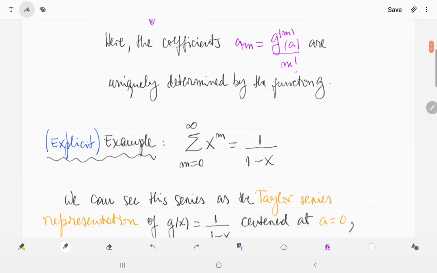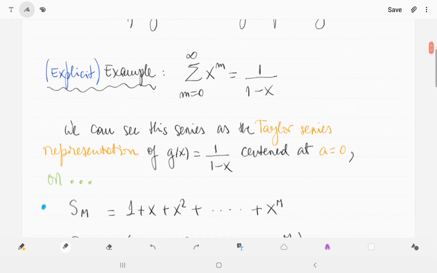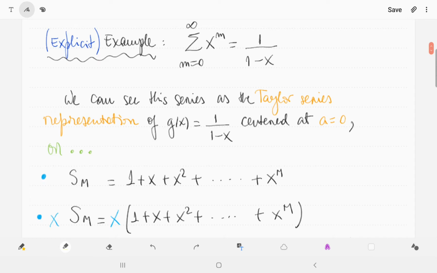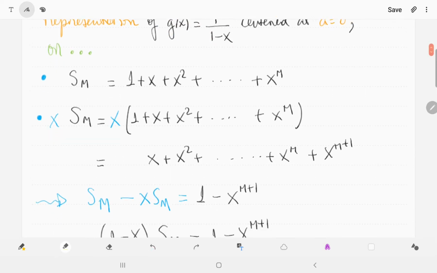Then maybe a more explicit example. We have here this one. All the coefficients here are equal to 1, and then I only have the powers: 1 plus x plus x squared, and so on and so on. So we can see this as a Taylor series representation also of a function g, centered at a equal to 0, or we can also do this computation by hand, which is, I think, nice, so we are going to see it.